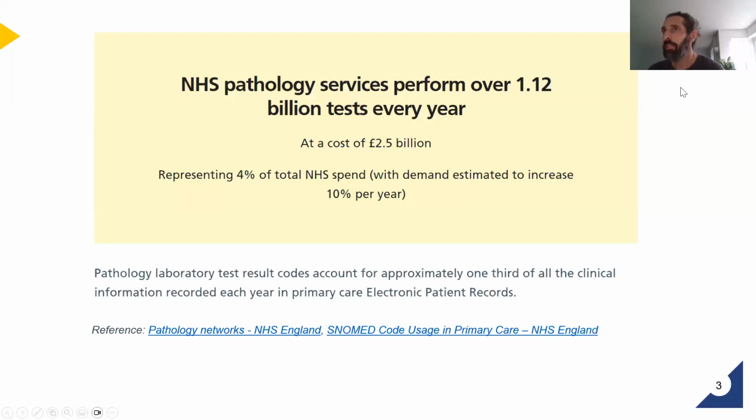The NHS pathology services perform over 1.2 billion tests every year, costing 2.5 billion. It's 4% of the total NHS spend, expected to increase at 10% per year. And the highlighting point for us is that test result codes account for a third of all clinical information recorded in primary care general practice EPRs.